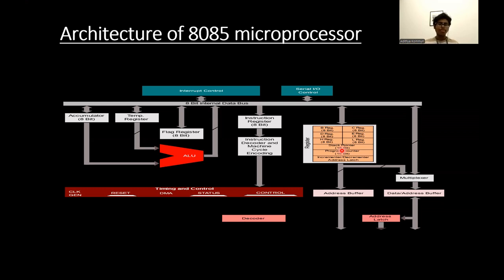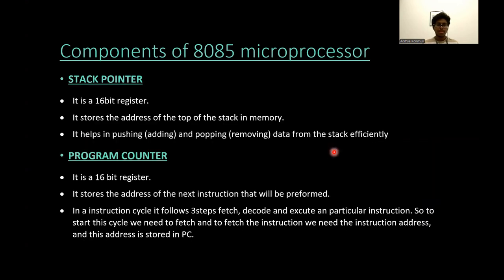But before we perform the fetch, we need to know the address where the instruction is lying, and that instruction's address is stored in the program counter. When we fetch the instruction using the program counter, the address in the program counter will be incremented so that it stores the address of the next instruction which needs to be performed.